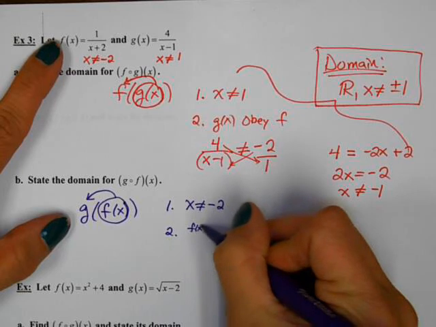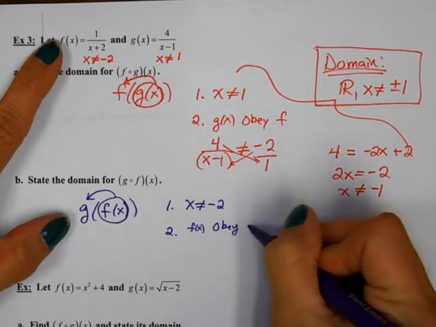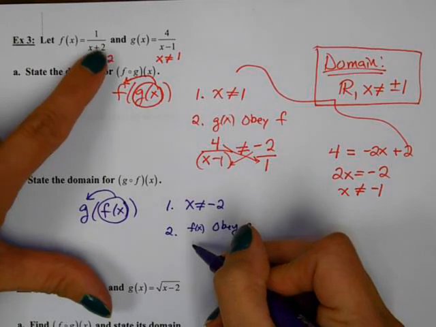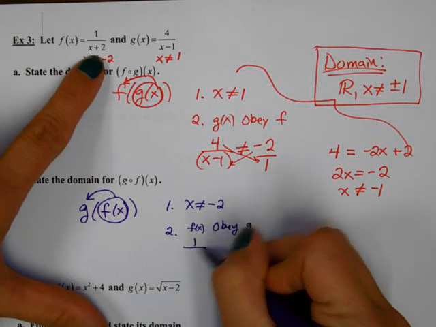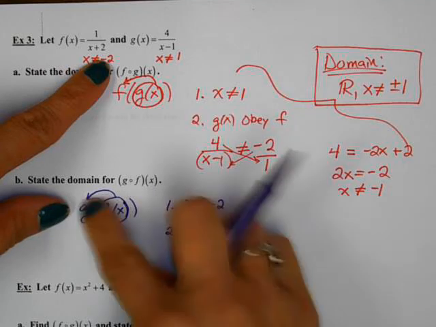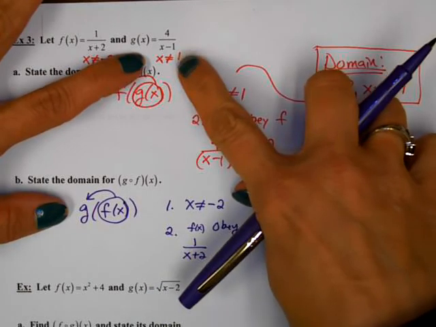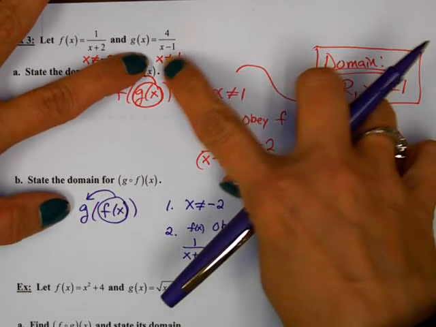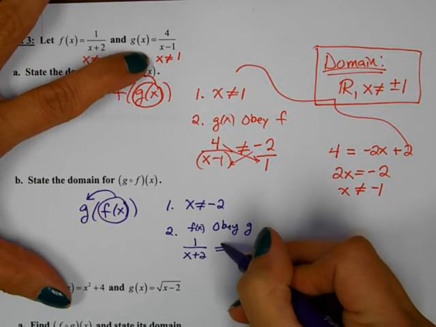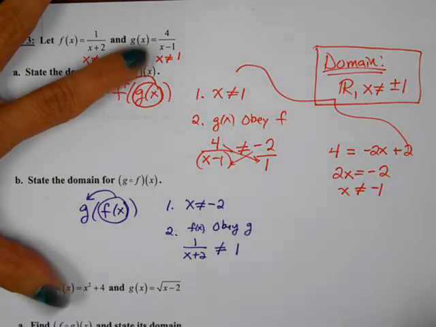So f of x must obey g. Let's write the equation down for f. The equation for f is 1 over x plus 2. So that's the function f that would go into g. And g says do not equal 1. Inputs cannot equal 1. So this input cannot equal 1 because that's the rules of g.